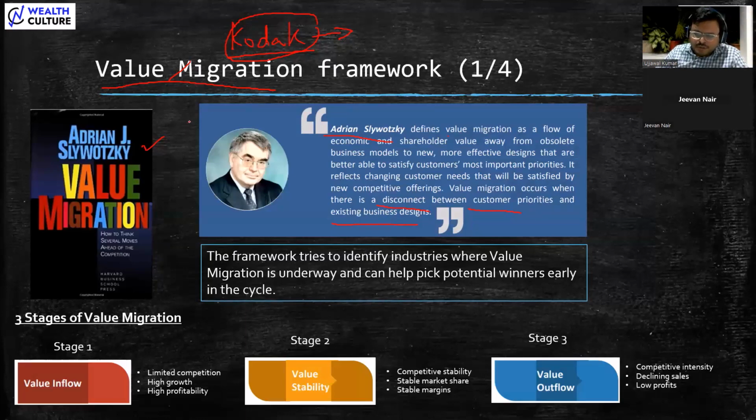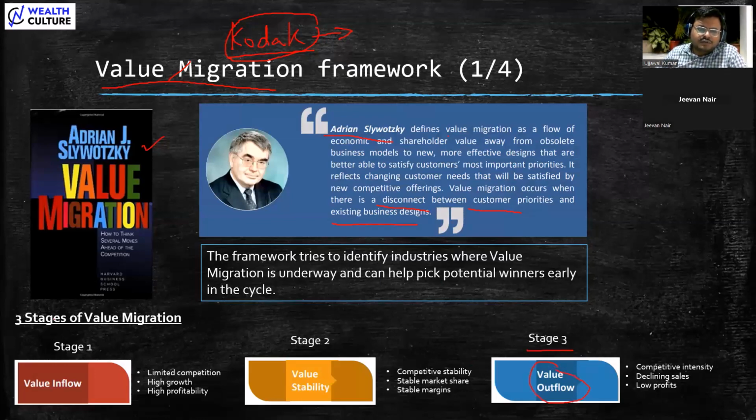I think Kodak did spend a lot of money in R&D, but at some point they still did not think that cameras were out of the picture. Somewhere they lost touch, and we as investors need to be aware of these trends, because we cannot be invested in companies on the decline phase, or companies going through this phase called value outflow.